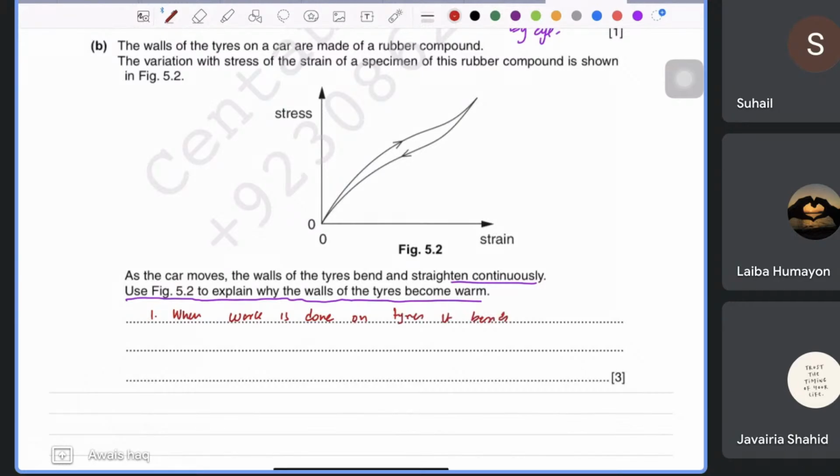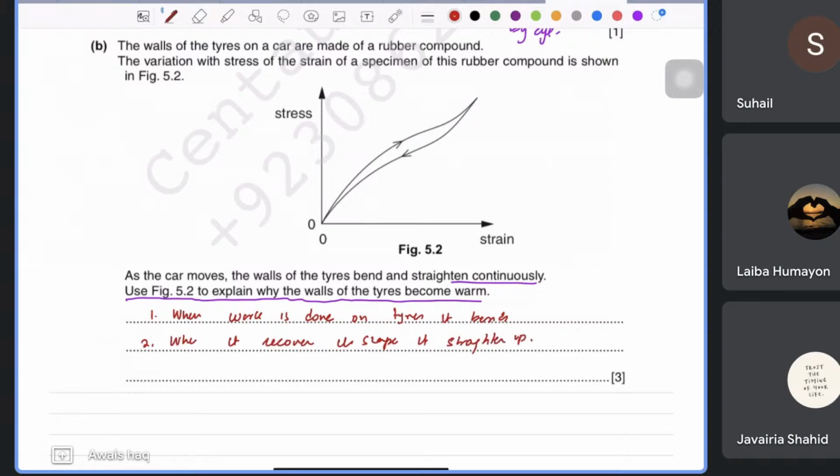When it recovers its shape, it straightens up.